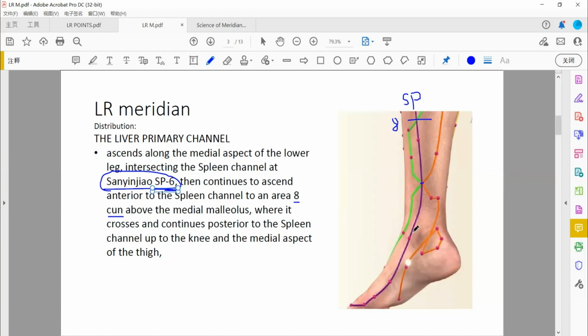From 8 寸, the green one, the liver meridian, goes posteriorly to the spleen meridian.